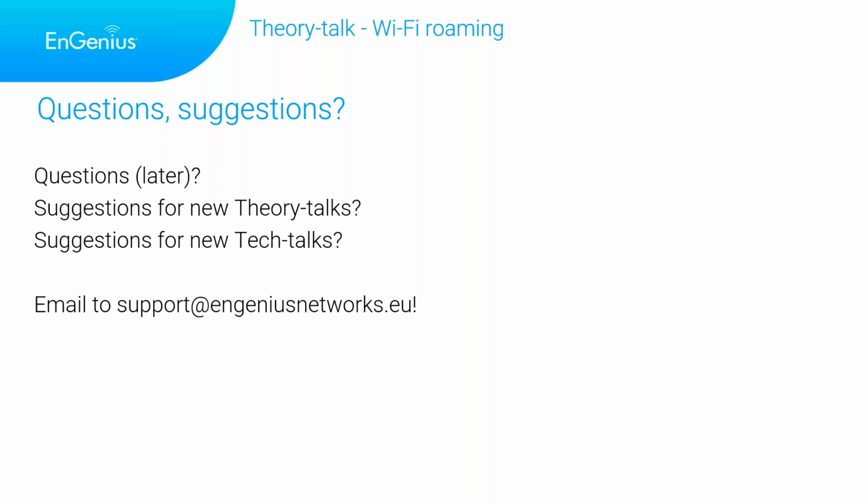In a mix of 2.4 and 5 gigahertz, like I said, I would suggest you set the ERP of the devices to such a level that they will cover the same area. And that's, I think, the most important tip that I can give in mixed environments.